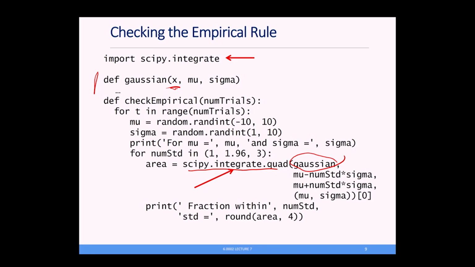And that will change as we go from mu minus the number of standard deviations times sigma to mu plus the number of standard deviations times sigma. And then this is the optional 4th argument, the tuple mu and sigma. Why do I need to pass that in? Because Gaussian is a ternary function, a function that takes 3 values. And I'm going to integrate over values of x, so I have to fix mu and sigma to constants, which is what I'm doing down here. And then I'll take the 0th value, which is its estimate of the integral.